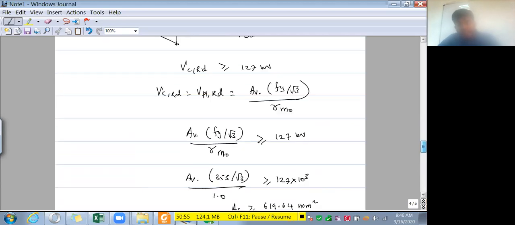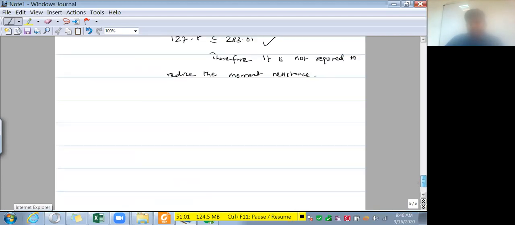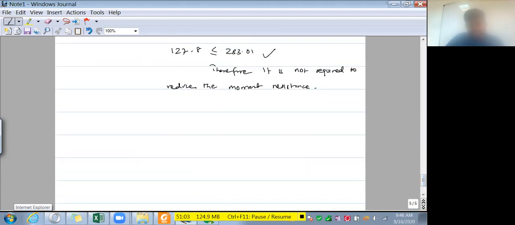Actually speaking, for the combined shear and moment, although we have checked 127, we have to check only maybe something less than that. For example, your bending moment diagram is like this: 255.6 kilonewton meter. That's right.